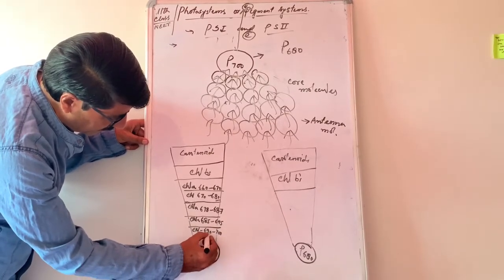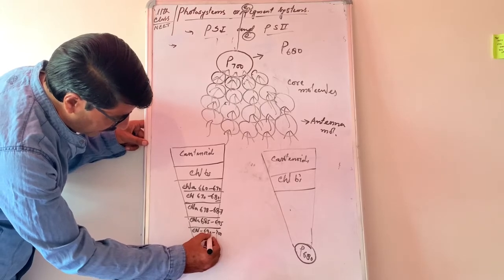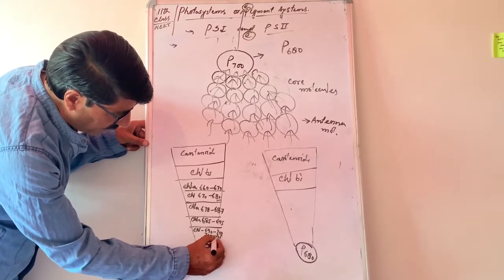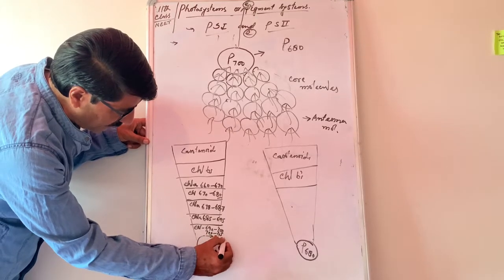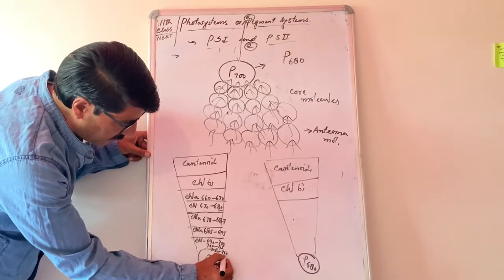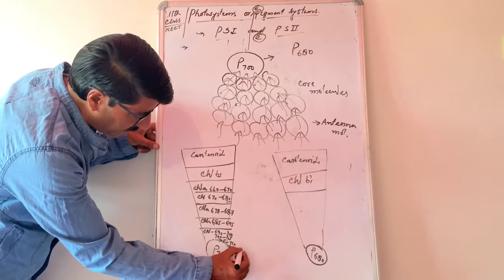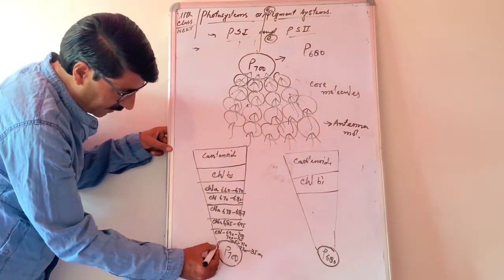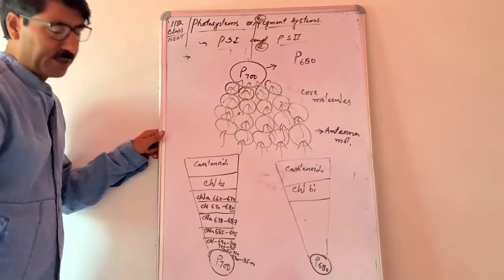Then there are 700 to 705, 705 to 710, and some molecules absorb 720 to 735 nanometers. But the reaction center is P700.